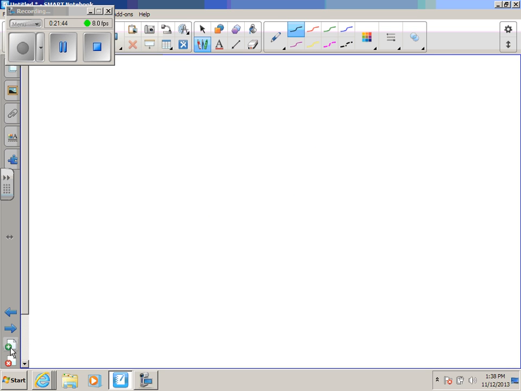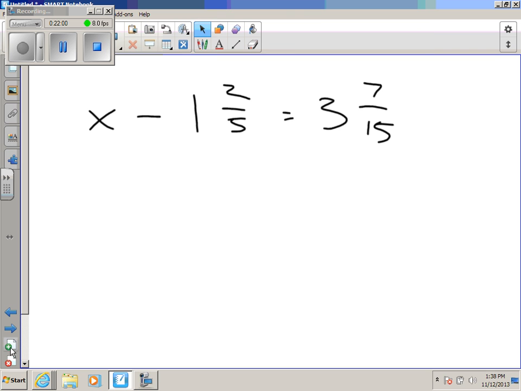So 22 then, since we did 21, 22 is lined up the same way. X minus 1 2/5 is equal to 3 and 7/15. So the opposite of subtracting 1 2/5 is going to be add 1 2/5.